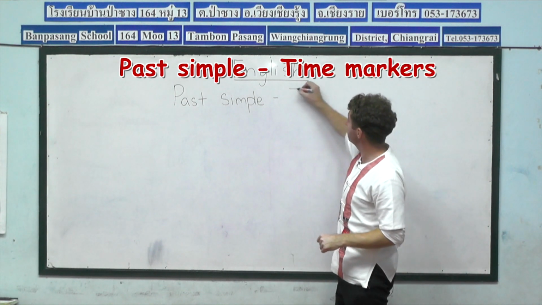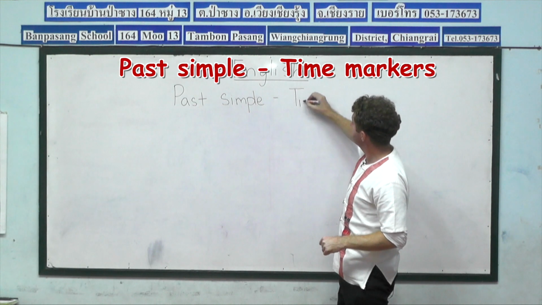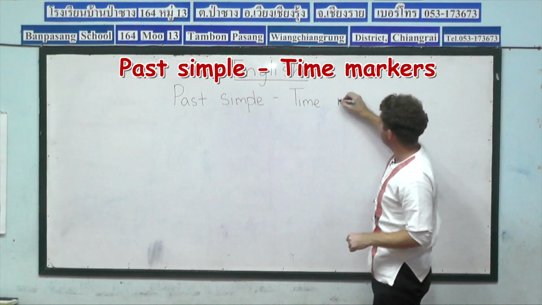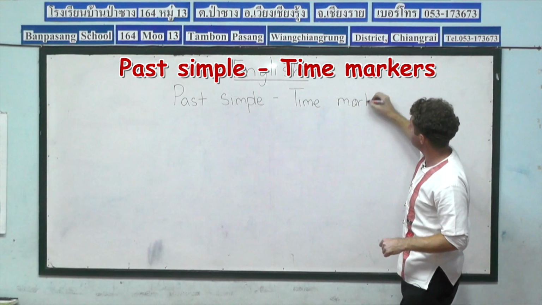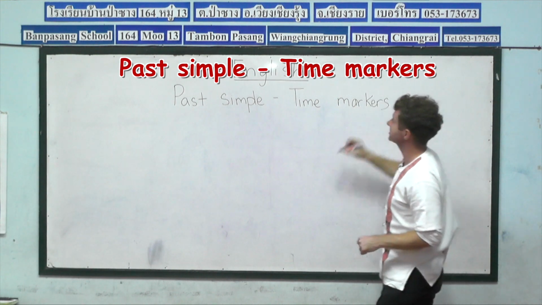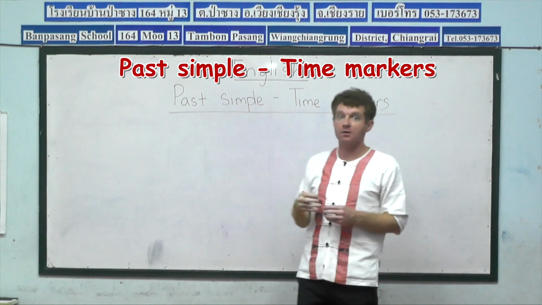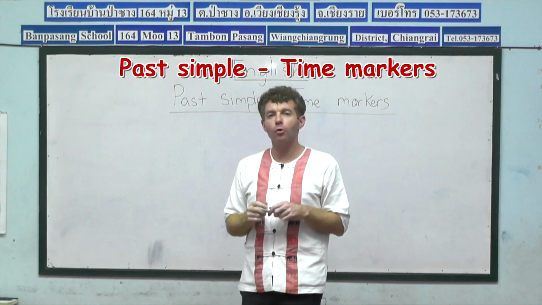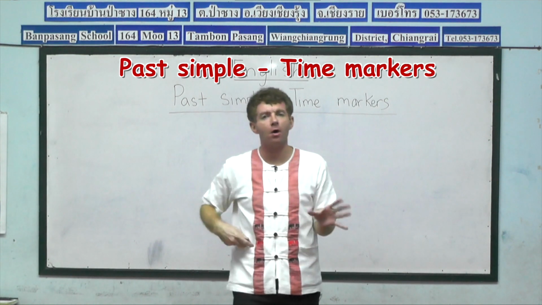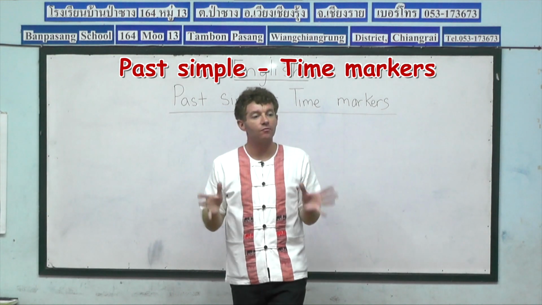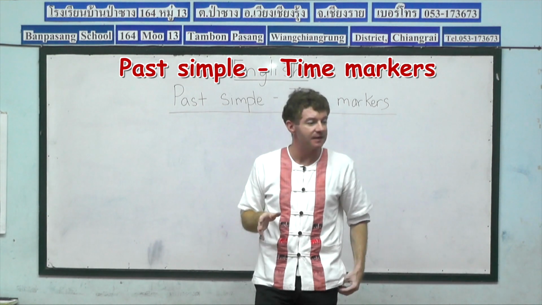So past simple, time markers. So who can remember some of the time markers that we use to describe actions and events in the past?